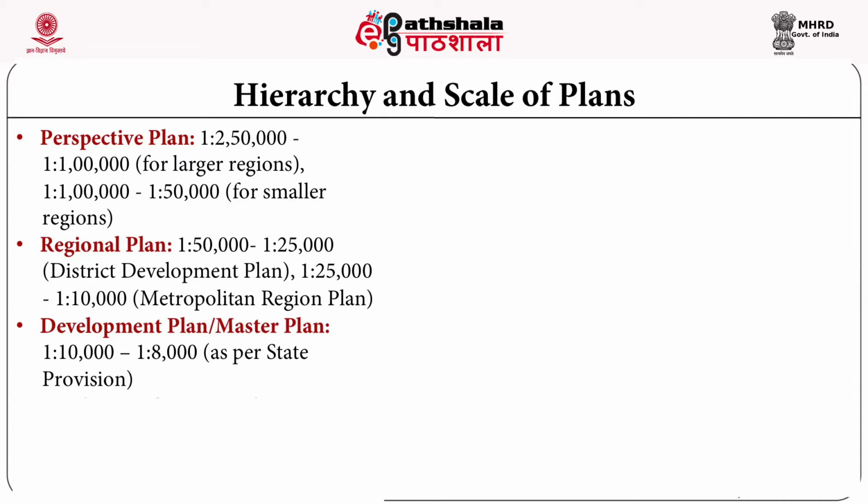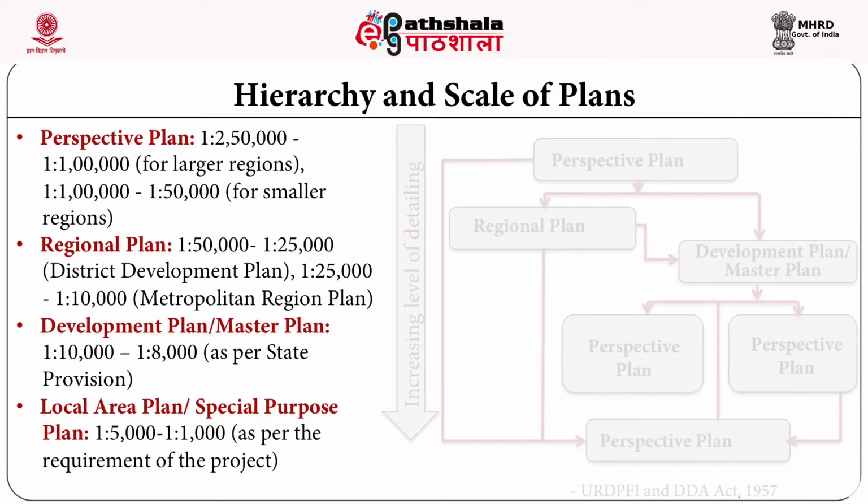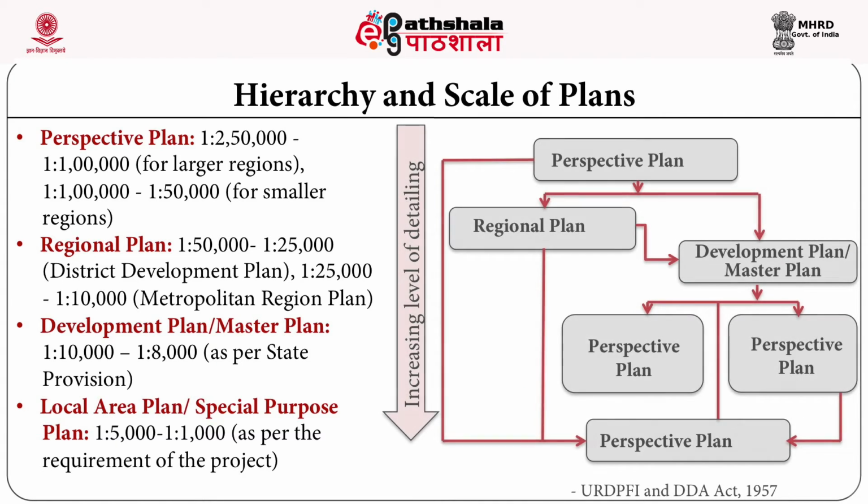Now the local area plan or the special purpose plans are worked out at 1:5,000 or 1:1,000 as per the requirement of the project. And if we can see this figure, which is talking of the links from the perspective plan to the regional plan to the master plan, and how we link up these various plans.